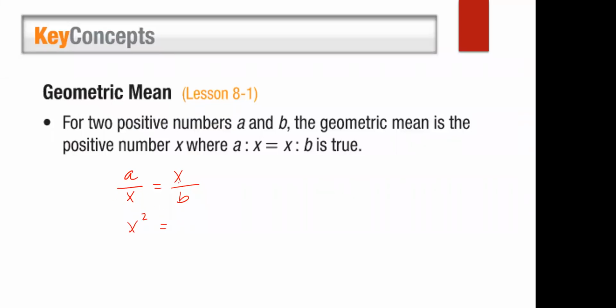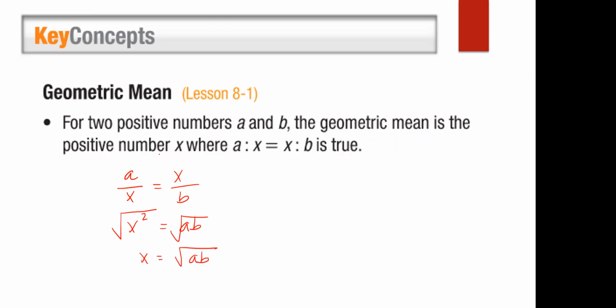When you cross multiply, x times x is x squared, and a times b is ab. The opposite of squaring a number is taking the square root, so x equals the square root of a times b.